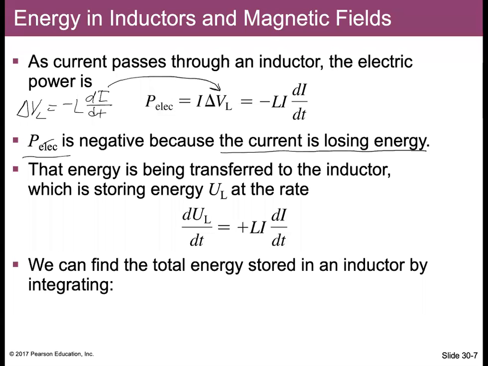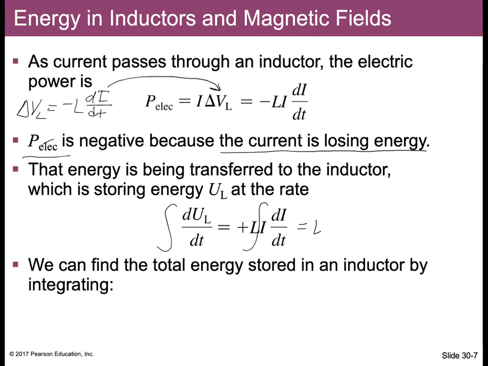So now we can find the total energy stored in the inductor by integrating. If I integrate both sides of my equation, I can pull L out in front because it's not a variable. That's the inductance. So I di/dt is my integral.